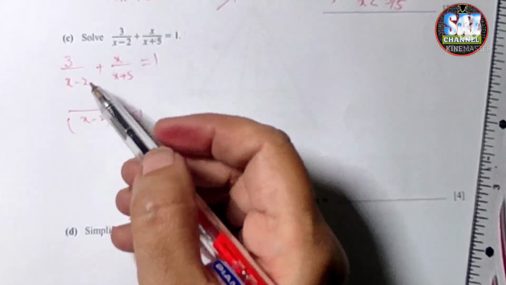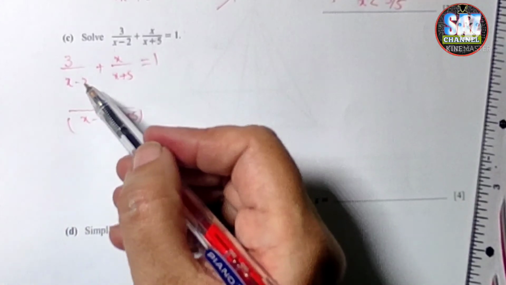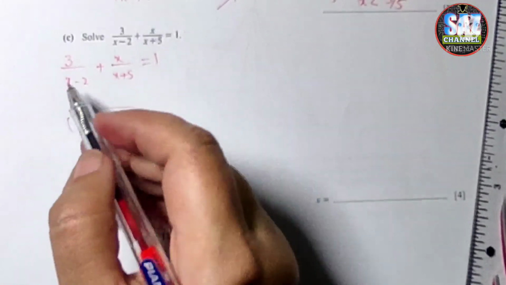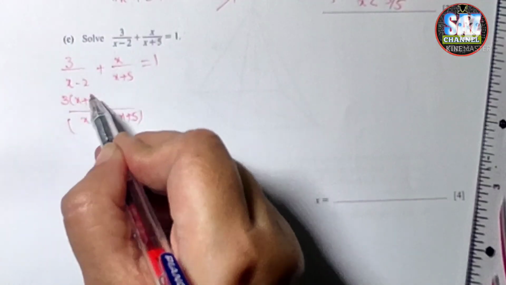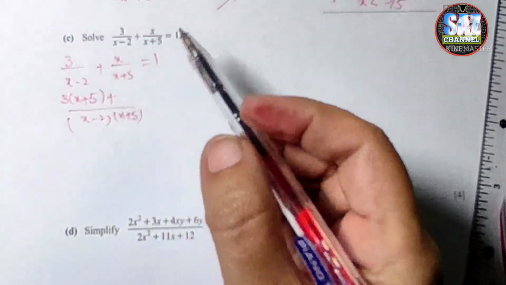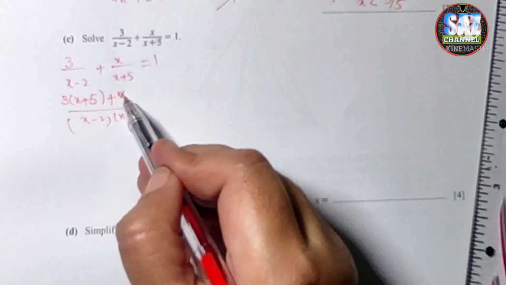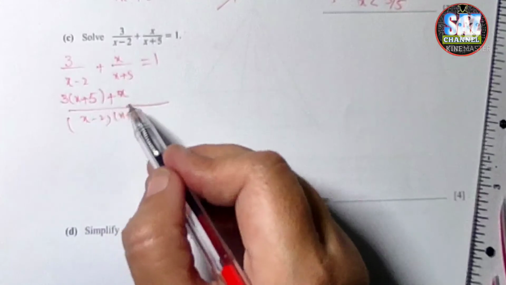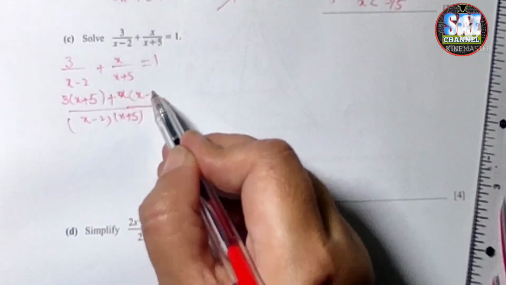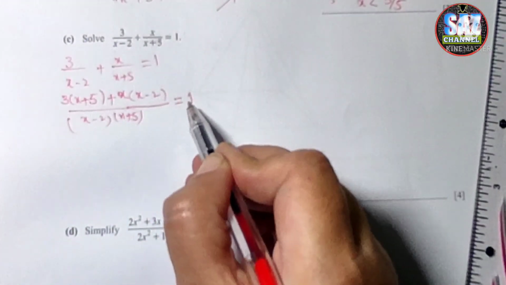Now see, the first denominator has x minus 2 in it. So the first numerator will be multiplied by x plus 5, as it has a deficiency of x plus 5, plus x in the numerator as it is. And then it has the denominator x plus 5. It is deficient of x minus 2, equal to 1.